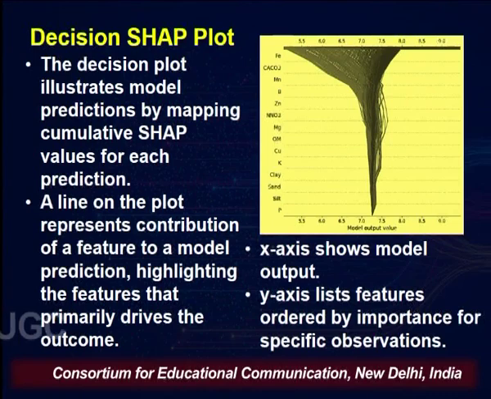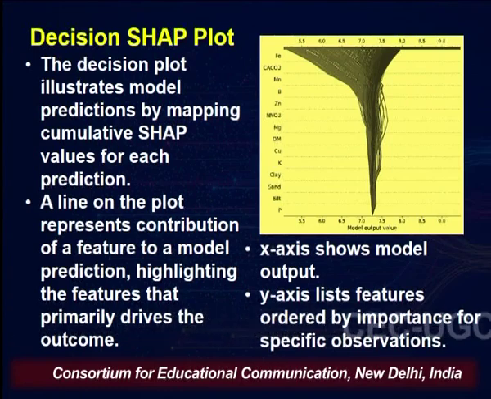We also have a decision plot, where these are the lines that you can see on the screen. Each line on the plot denotes the contribution of one feature. If we had just one line on the plot, then it means that we are seeing one sample study.